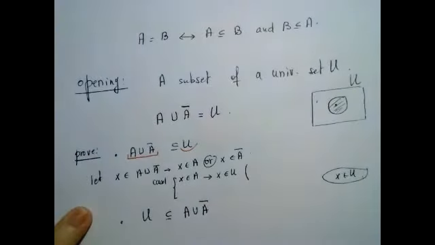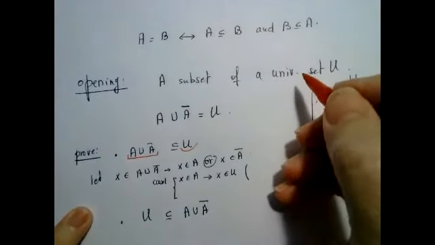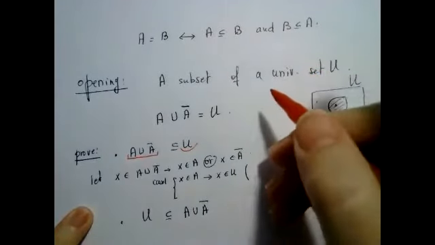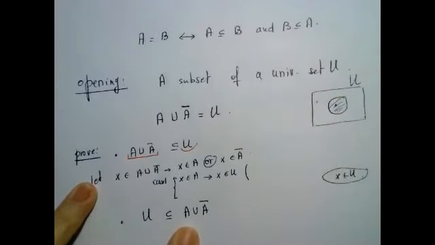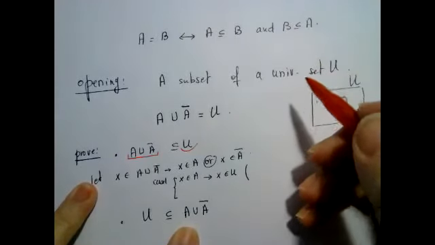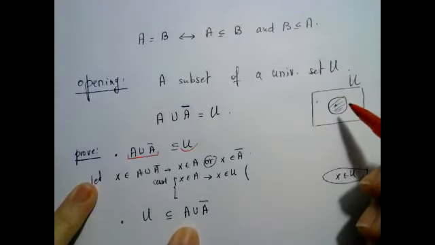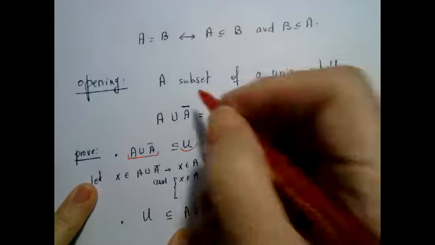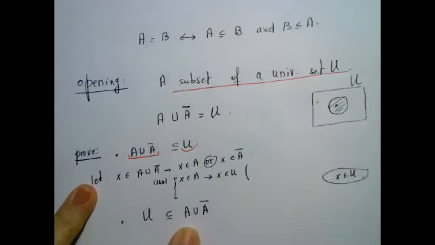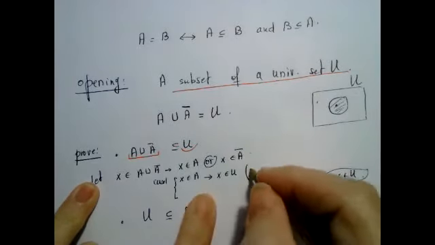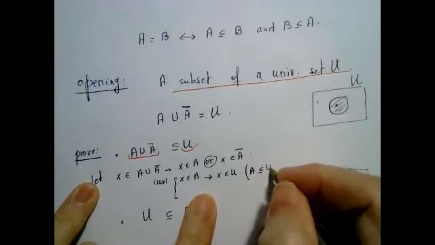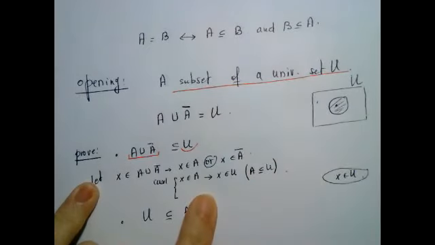Well, A is a subset of U, I guess. Right, that's right. Because A is a subset of U. U is my universe. So X is in U because A is a subset of U. U is the universe, that's everything is in it.